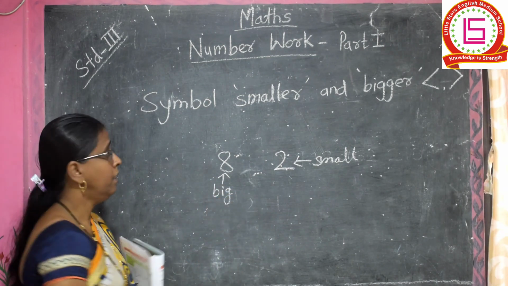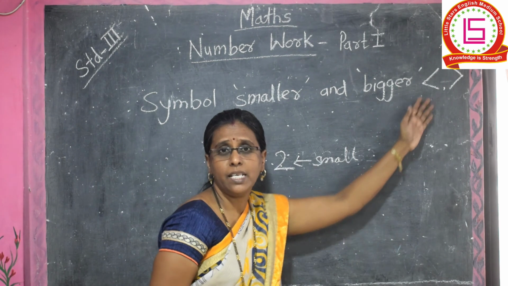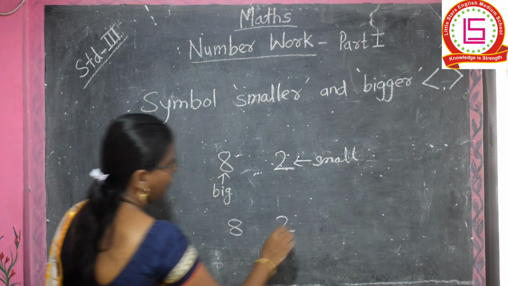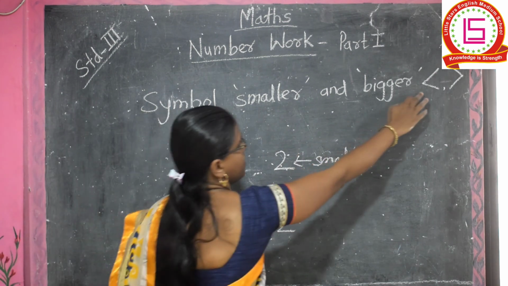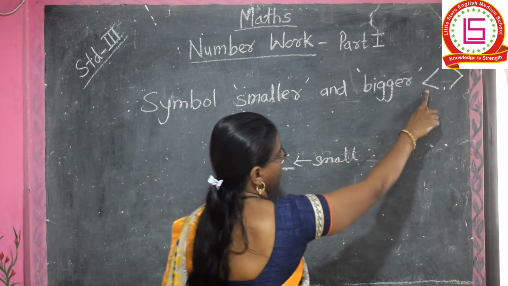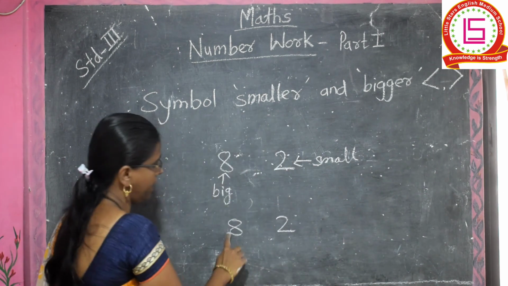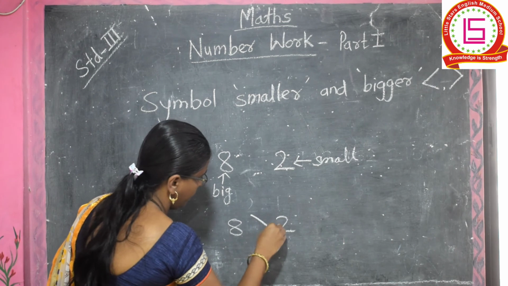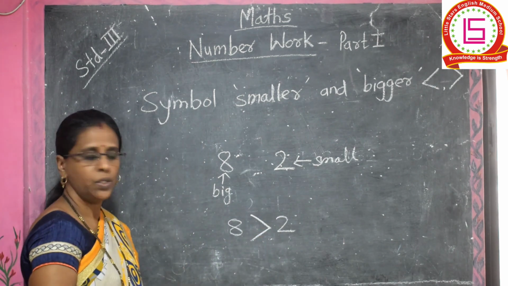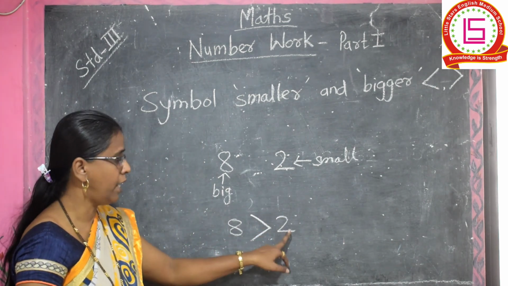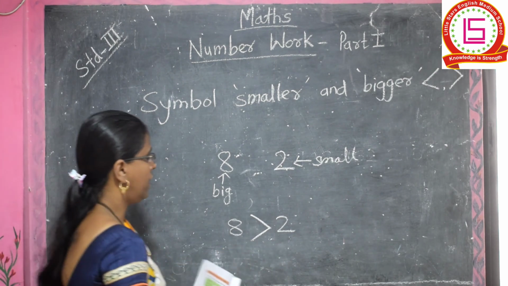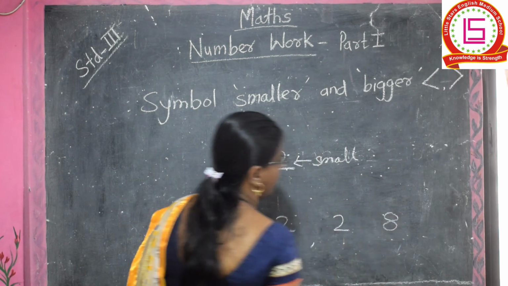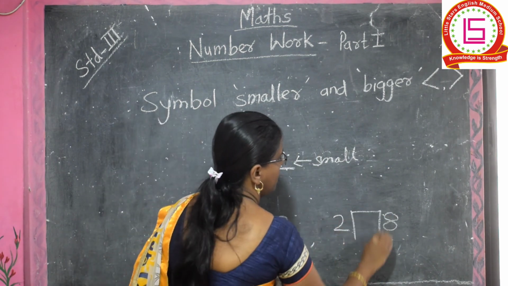Okay, then how to write? By using this symbol. See here, 8, 2. Then use this sign. See here, this is the less than sign and this is the greater than sign. 8 is greater than 2. So right here, 8 is greater than 2. If 2 is here and 8 is here, then use this symbol.